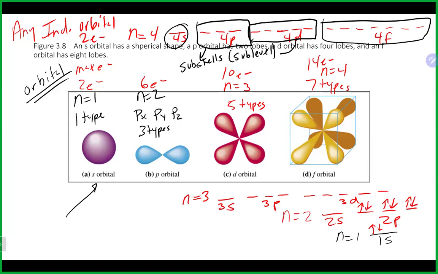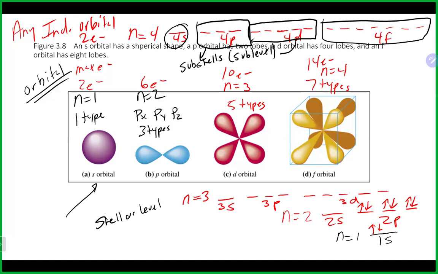So you'll sometimes hear the word subshell or sublevel. That is basically all the orbitals that are like all p orbitals on one energy level, all d together, all the f's together. You will also sometimes hear just the word shell or level.